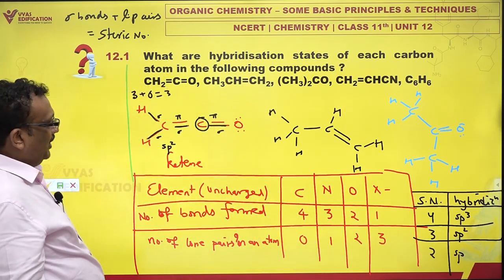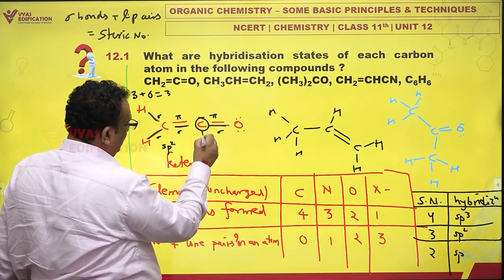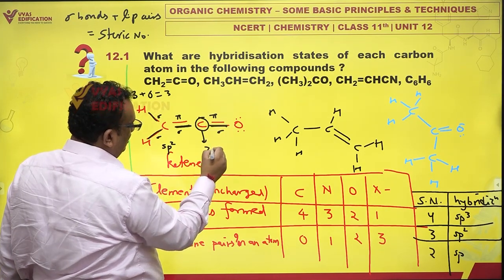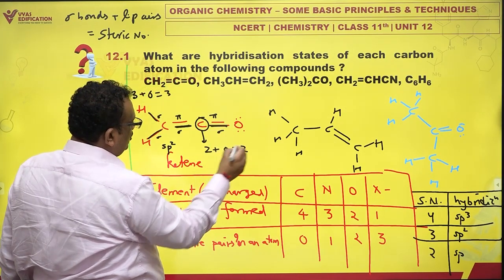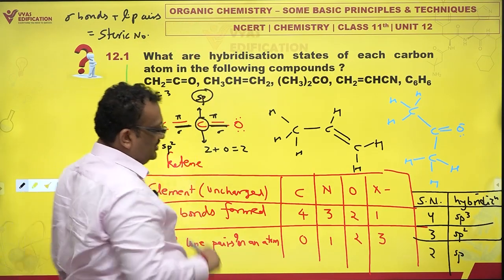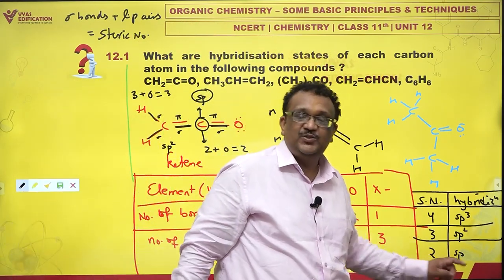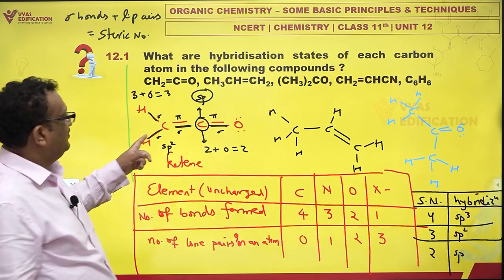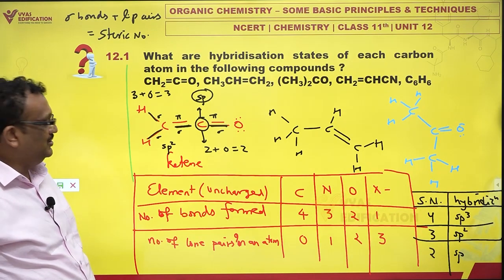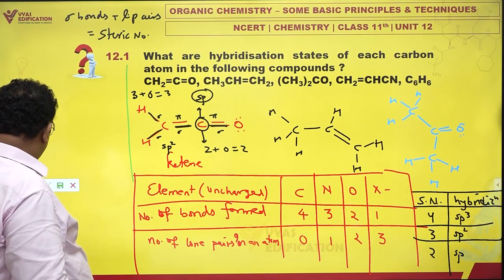We don't care about pi bonds. So for this carbon, sigma bonds are 1 and 1, 2. Lone pair 0, the steric number is 2. This means that this carbon is sp hybridized. Steric number 2 means sp. So sp2 and sp. There goes your first question.